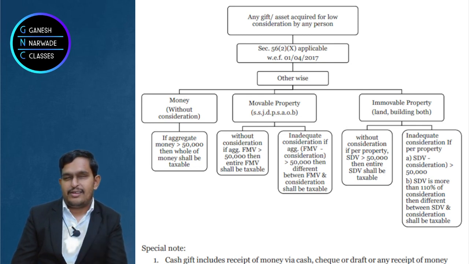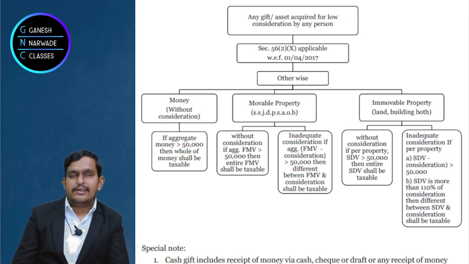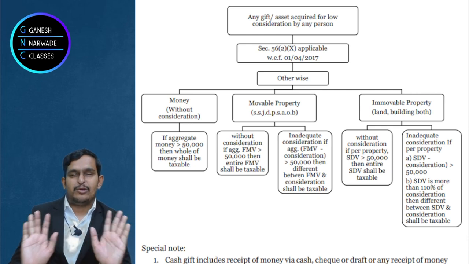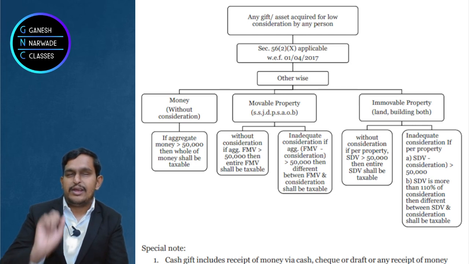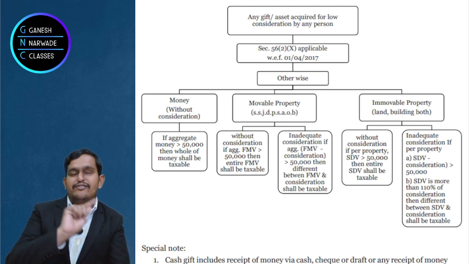49,999 rupees. Then one student came and said, sir, 1 rupee gift, 50,000 rupees. Till that time I was so happy, no tension. But one more notorious student came. He said, sir, 1 rupee gift to you. Now my total gifts came to 50,001 rupees. Now the entire 50,001 rupees becomes taxable.